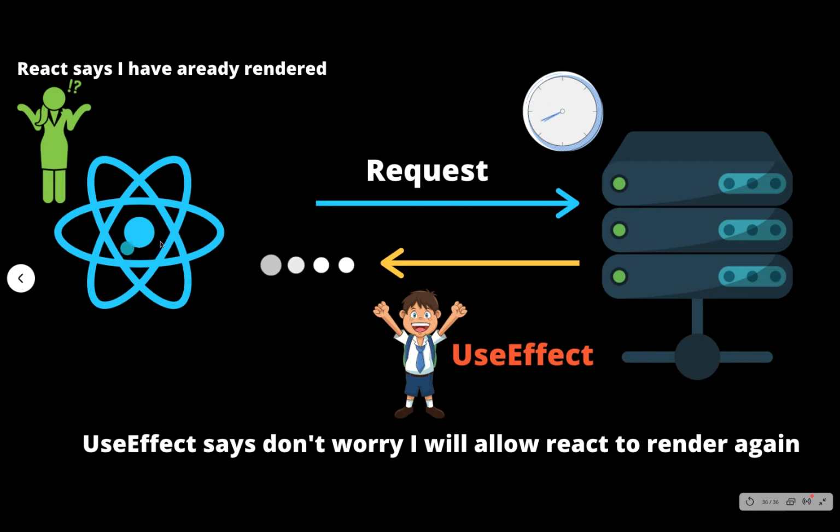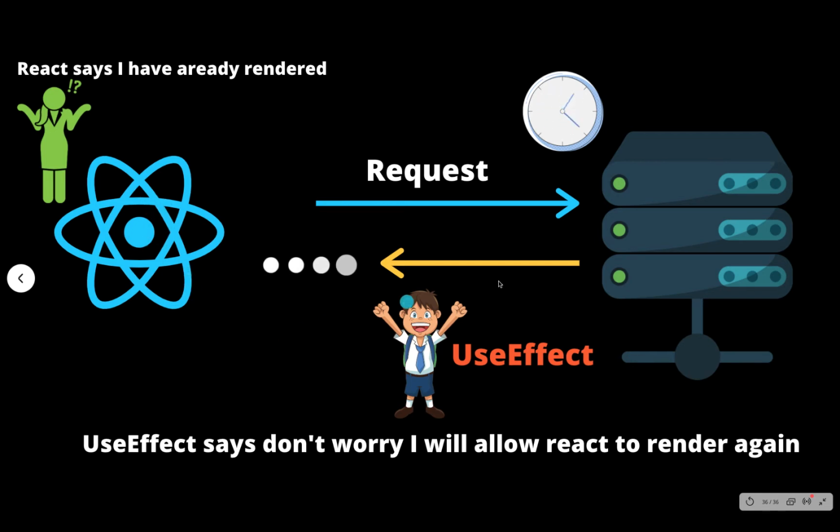React doesn't care about what you're fetching. It just does its job and renders the component within a second, but the data has not yet been fetched. So the data is still pending, but our React application has already rendered.